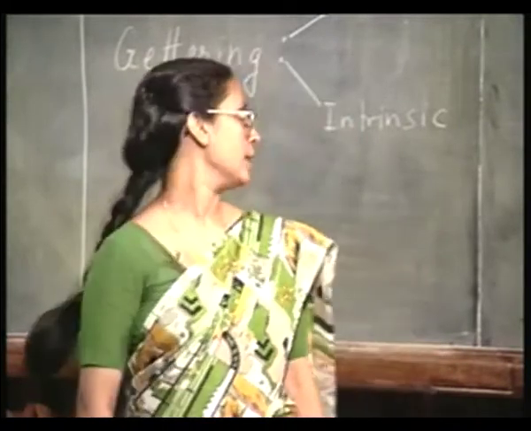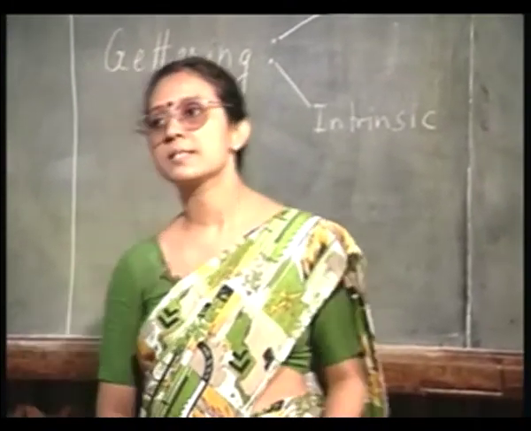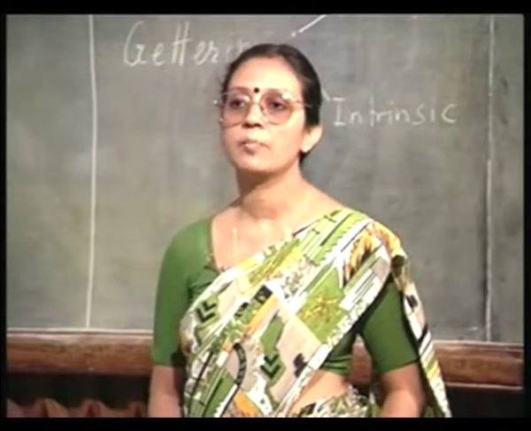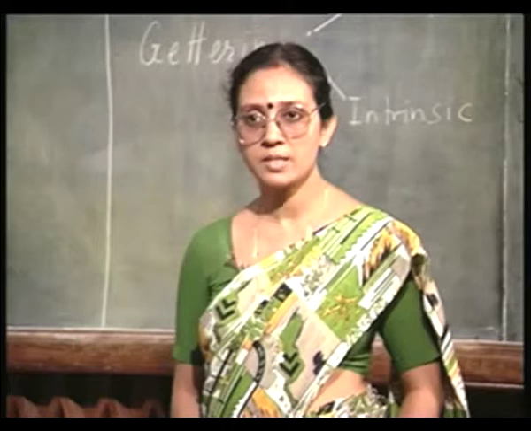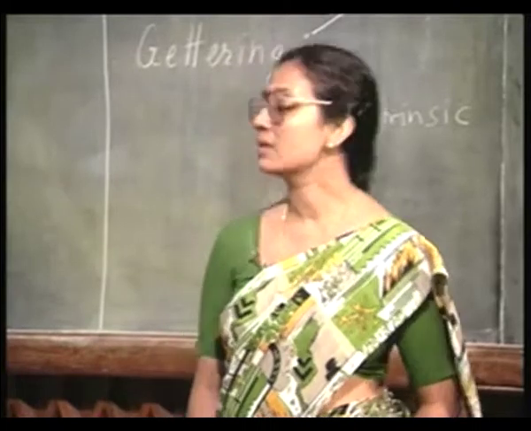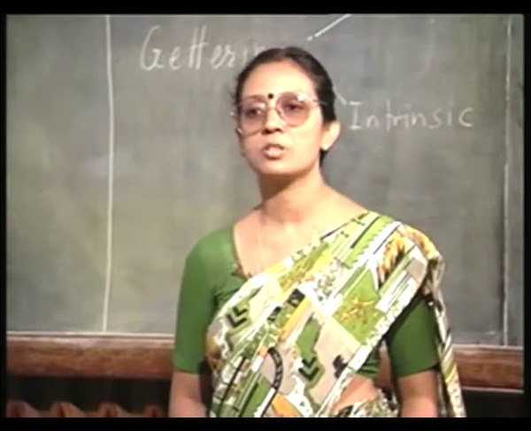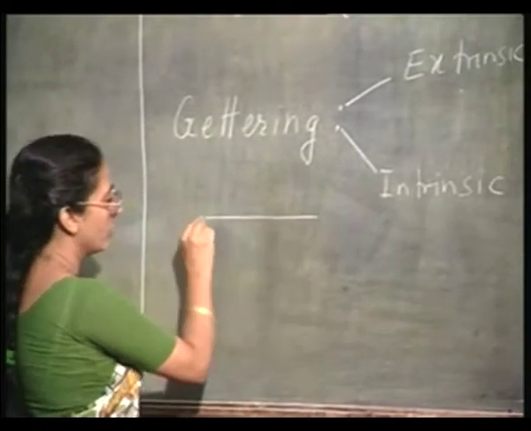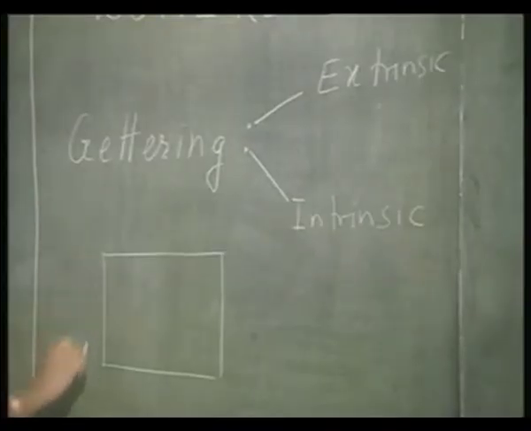The other type of gettering, which is called intrinsic gettering, uses the oxygen that is in the crystal. We told you that if the oxygen is above a certain range, then it will give rise to precipitates, and the precipitates are usually undesirable because dislocations will emanate from them. But you can use it to your advantage, provided you make sure that such precipitates are not there in the active region. Suppose this is your wafer cross section. This is the thickness of the wafer, full 500 micron.